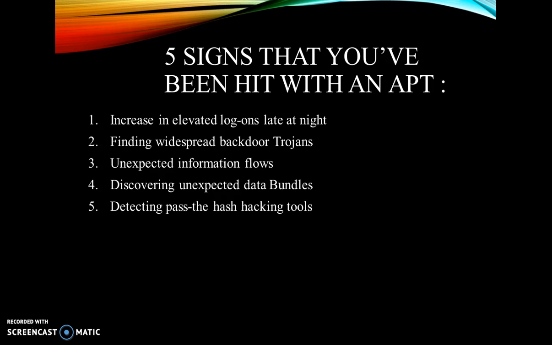So now, there are 5 signs that you have been hit with an APT. How do we know that we are hit by a specific threat? Hackers who employ APTs are different. A real and constant threat to the world's company networks, APT hackers tend to be well organized, working together as part of a professional team.